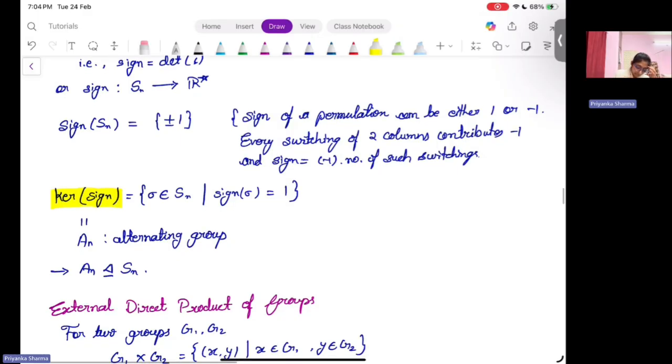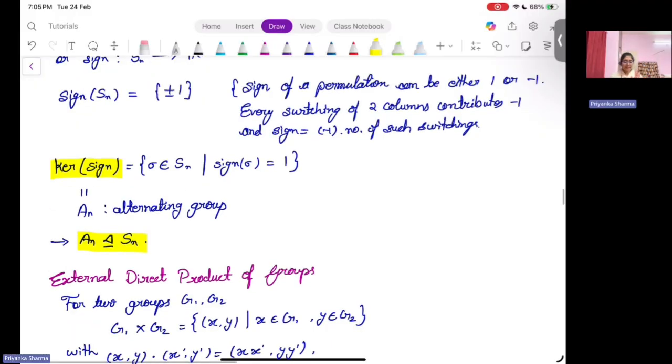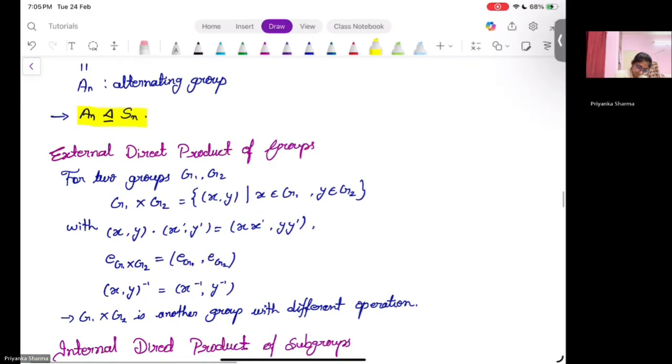And we know that if we have such a homomorphism, then the kernel will be a normal subgroup of the domain group. So we can say that AN is a normal subgroup in SN. It means alternating groups are always normal in symmetric groups. And what are alternating groups? They are the collection of all even permutations.